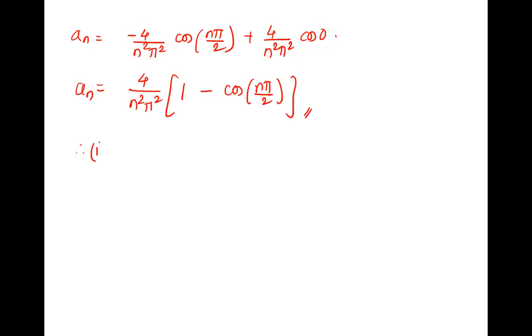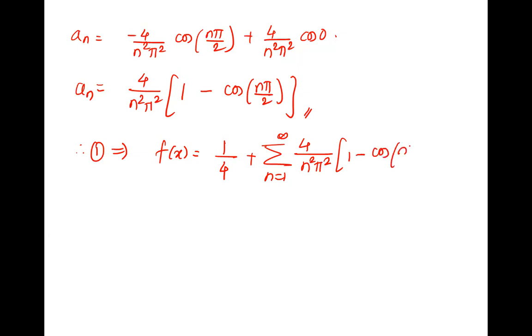And therefore f of x becomes a naught, I guess 1 by 4, plus summation an, 4 upon n square pi square, 1 minus cos n pi by 2, into cos n pi x by L, is the required Fourier series.